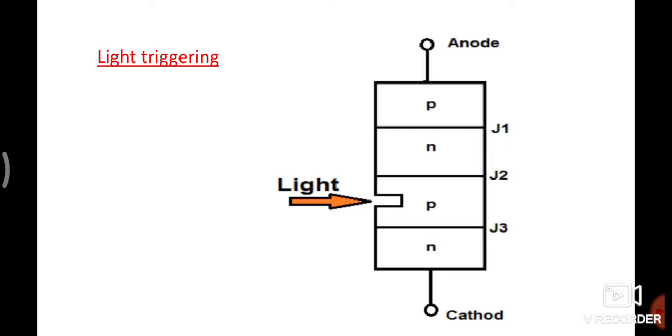At a particular light intensity, junction J2 vanishes and the device acts like a normal on-state SCR. This is about light triggering. But the disadvantage here is that we have to generate the light separately.